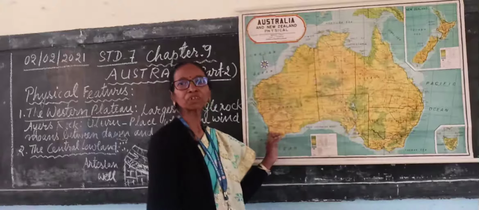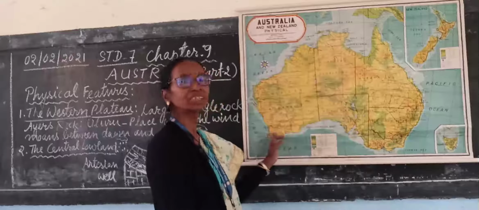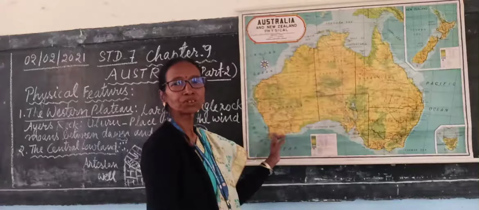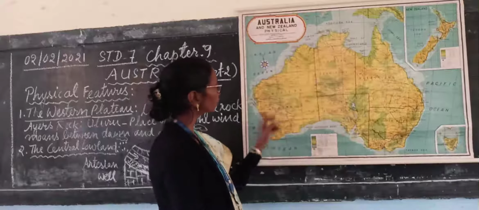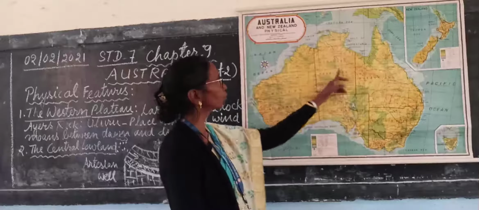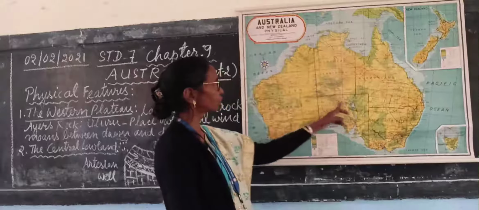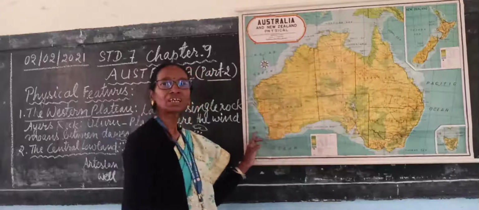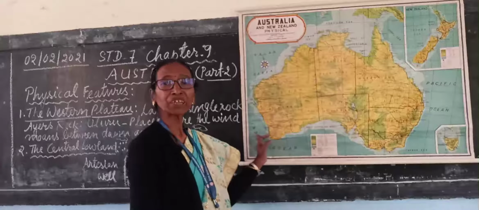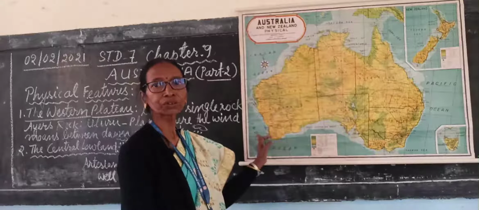A large part of Western Australia is like a plateau, and it lies in Western Australia, parts of Northern Territory and South Australia. In this region, it is made of very hard, old rocks.